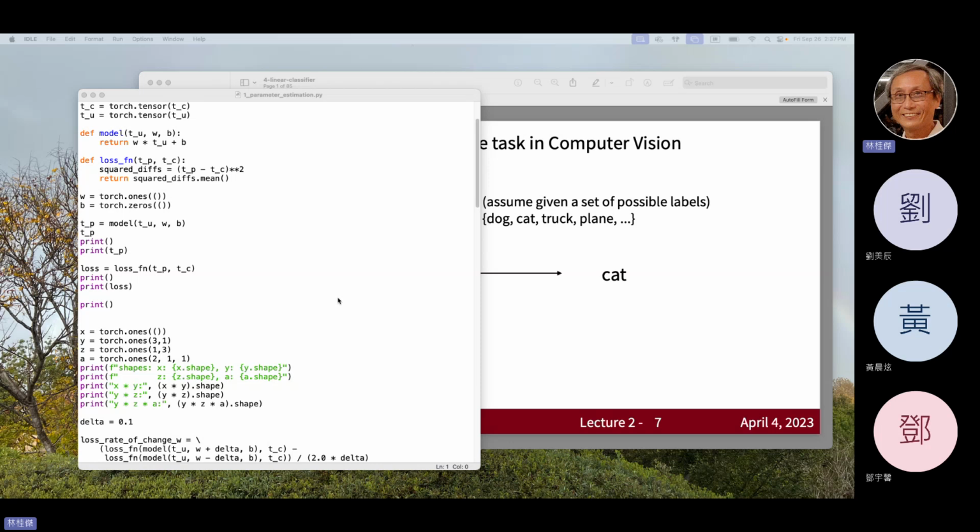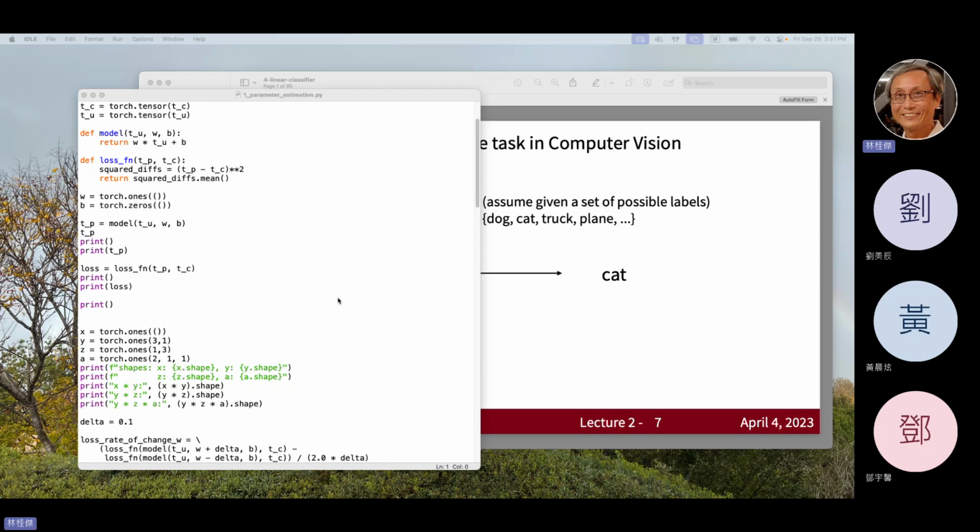And you can see that will be the loss. Okay, so that's the way. Suppose that you have a model, then this loss function here will tell you how good your prediction is.